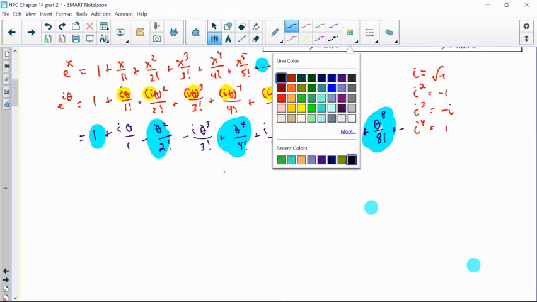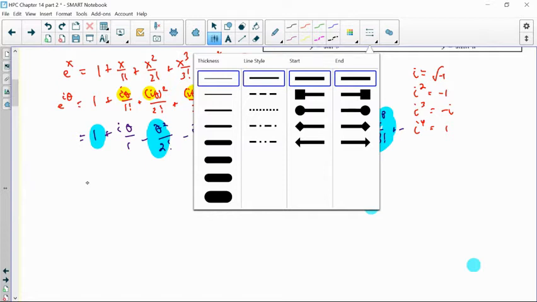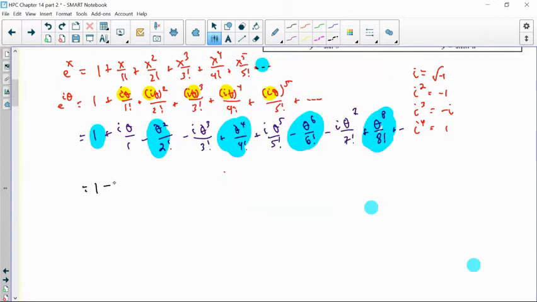Those are the terms of the Taylor series, the Maclaurin series for cosine. So that would be cosine of theta. Now the other terms, notice, all have an i, so you could factor an i out of them.